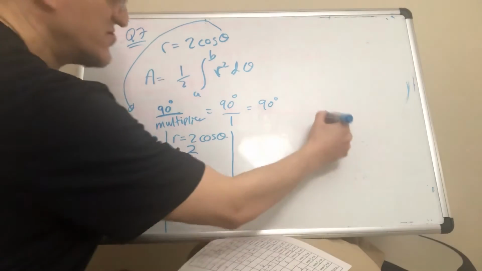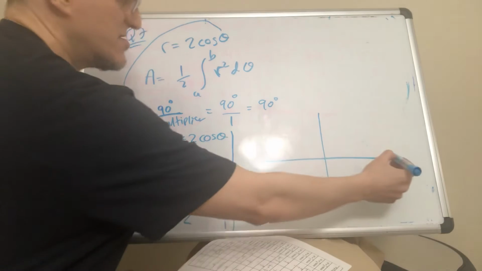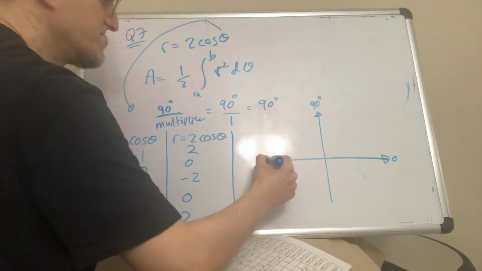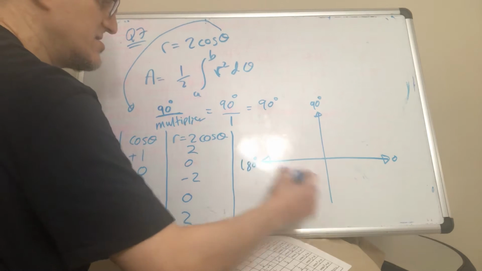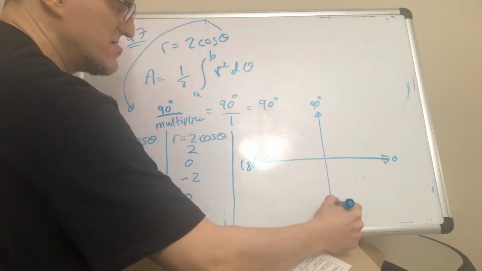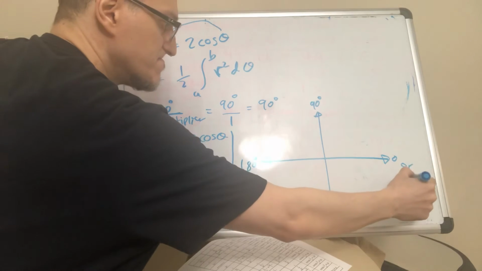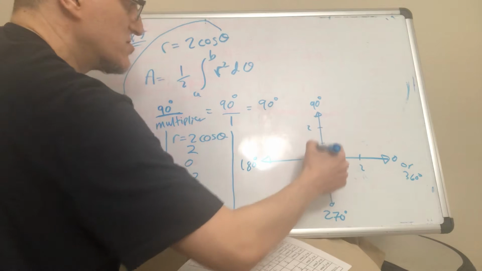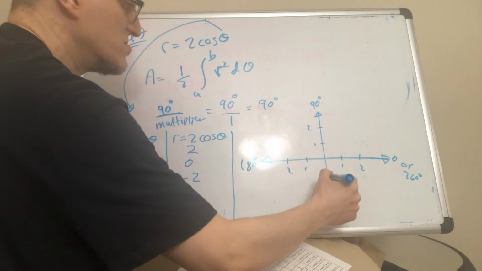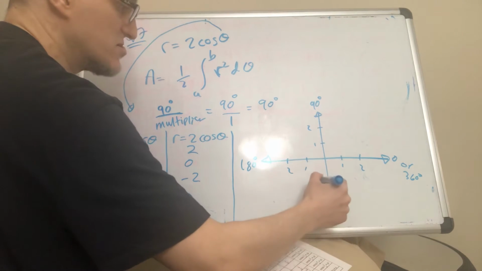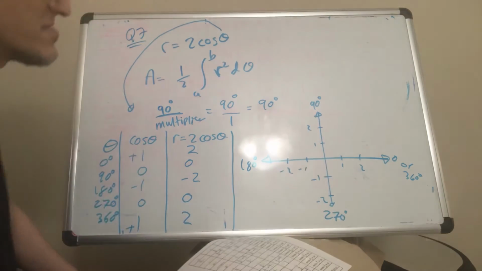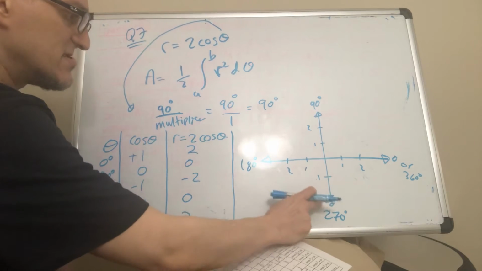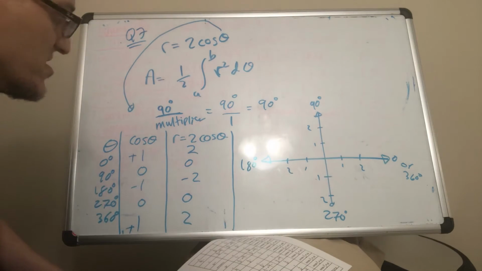So if you want to go here, this is angle 0, 90, 180, 270, 360, and r is 2, 0, 2, 0, 2. Of course you have negative, but it doesn't matter, so keep it as positive here. With angles, it doesn't matter really.